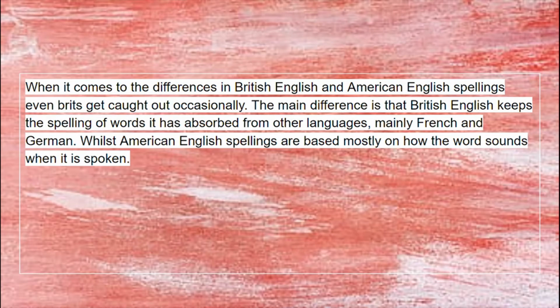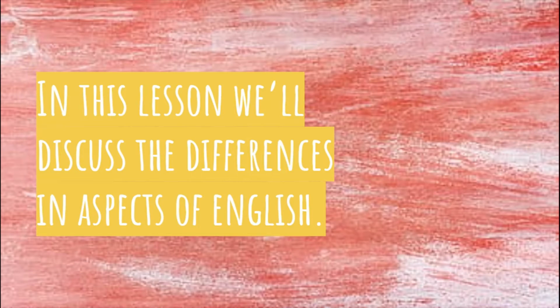Now, this is not to say that there aren't other differences between the two types of English, but basically most of the time when we refer to the differences between British and American English, we refer to the spelling. So in this lesson, we are going to discuss the other differences in different aspects of English, like grammar, vocabulary, and so forth. So let's go.